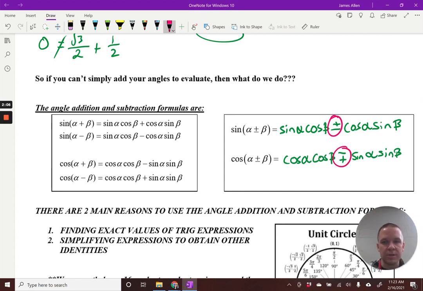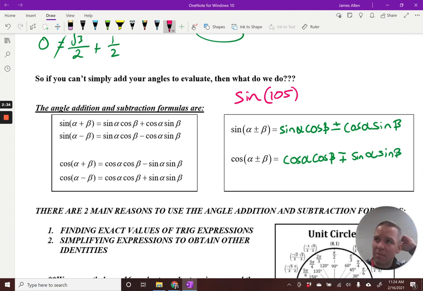The alpha and beta are going to be your nice 30, 45, and 60 degree references, or even our quadrantals, that will make up the angle that we have. For example, if I had sine of 105, that's not a nice reference.